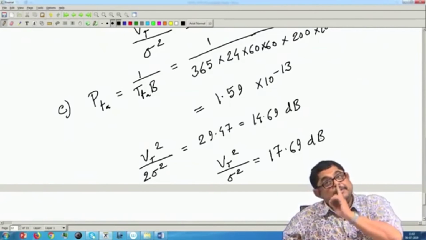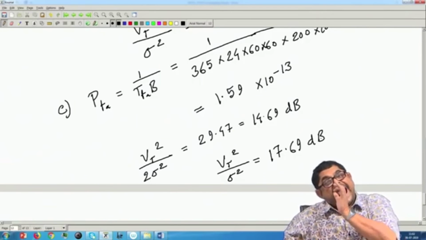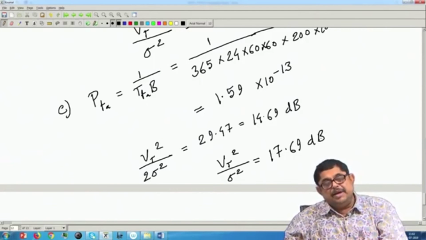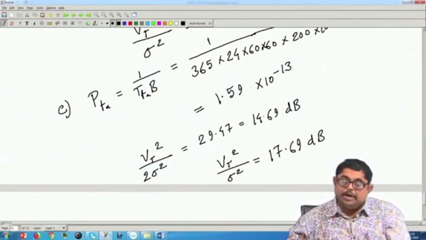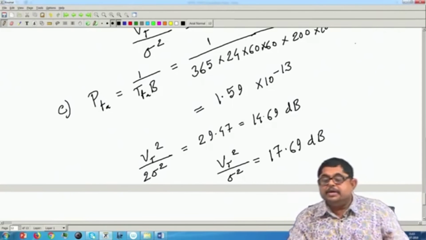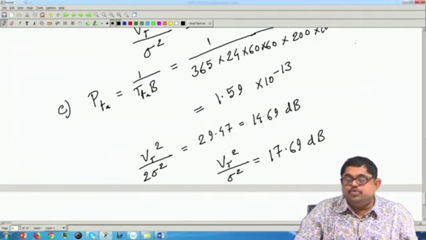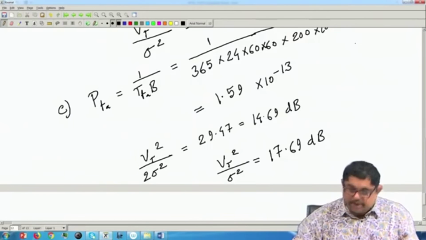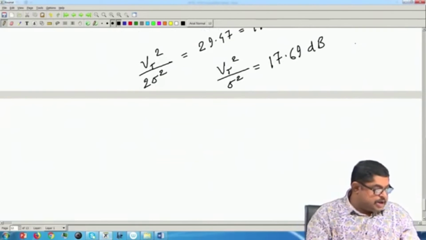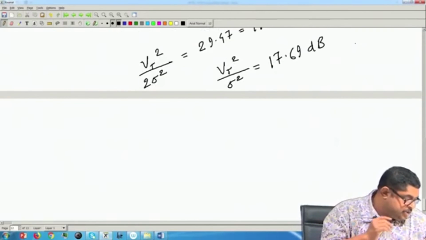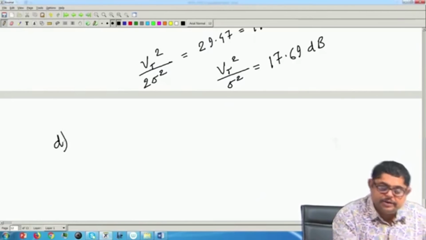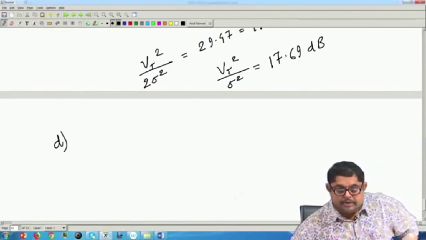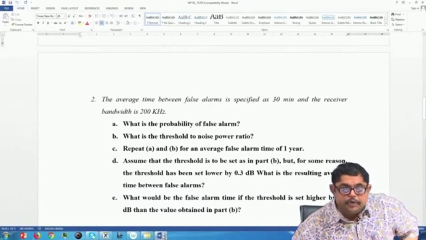But remember that this will also make it so that various actual targets you will not be able to detect. That is why we do not do it. But if we want that we should not have false alarms, we can always do that by proper thresholding. Okay. Then next, let us see what is part D.